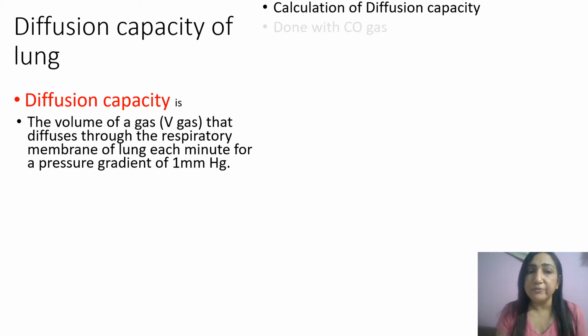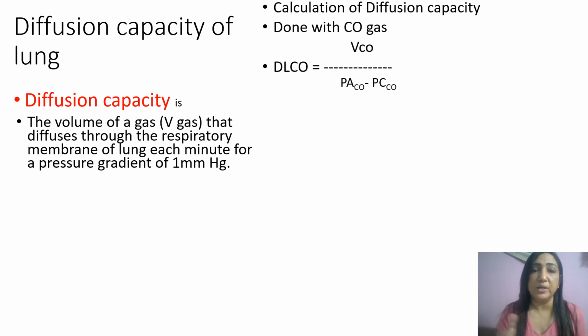The diffusion capacity of carbon monoxide is equal to the volume of carbon monoxide inhaled divided by the carbon monoxide concentration in the alveolar gas minus the carbon monoxide concentration in the pulmonary capillary. Now, the concentration of any gas in the pulmonary capillary after diffusion is very tough to measure.